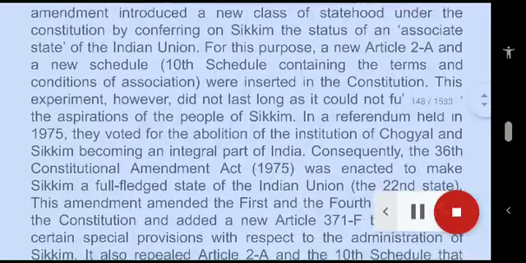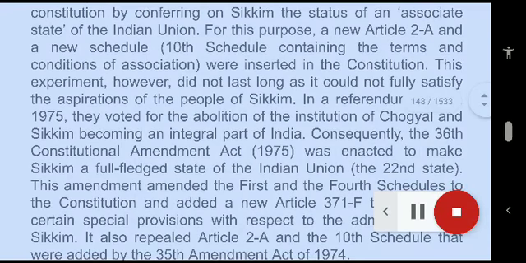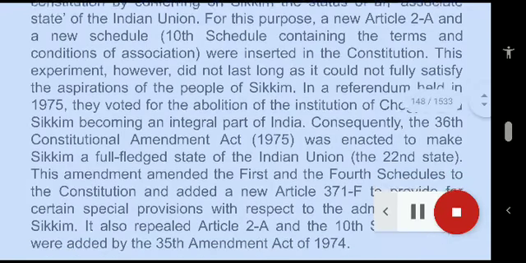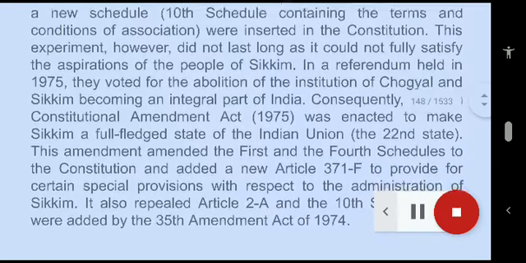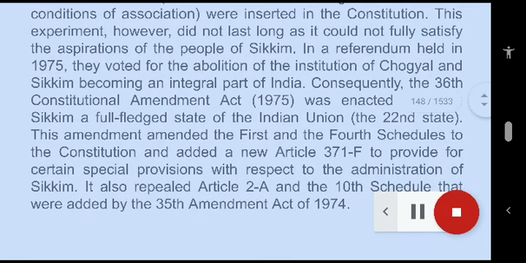Consequently, the 36th Constitutional Amendment Act 1975 was enacted to make Sikkim a full-fledged state of the Indian Union, the 22nd state. This amendment amended the first and the fourth schedules to the Constitution and added a new Article 371F to provide for certain special provisions with respect to the administration of Sikkim. It also repealed Article 2A and the 10th Schedule that were added by the 35th Amendment Act of 1974.